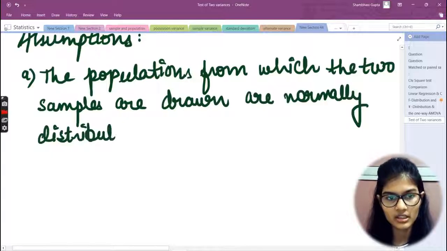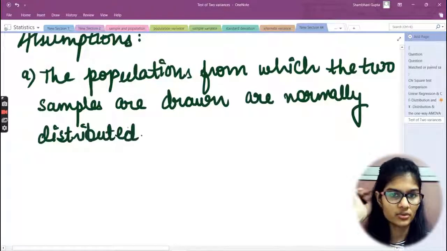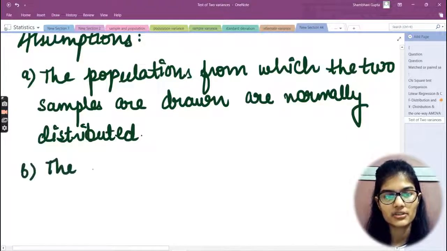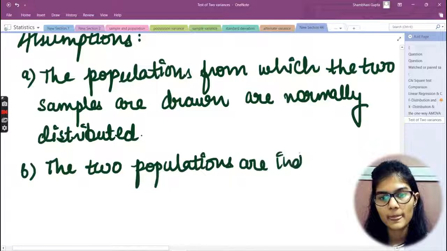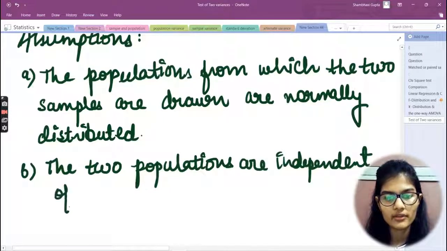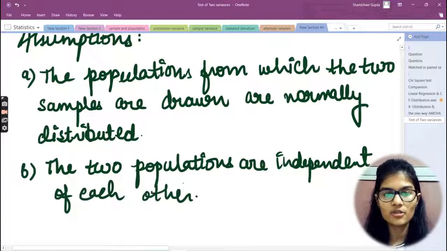The second point is that the two populations are independent of each other.